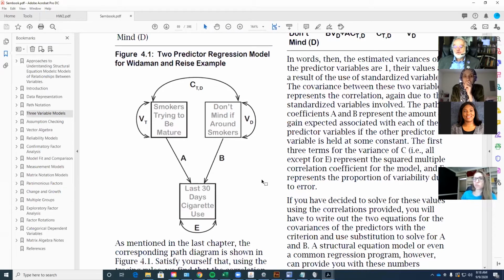Okay, so let's talk a little bit about regression. Sometimes, certainly not us here, you'll find when you're doing a regression and you have lots and lots of predictors that the researcher will do a regression and they'll look at all of these regression weights and they'll say, well, which ones of these are statistically significant?